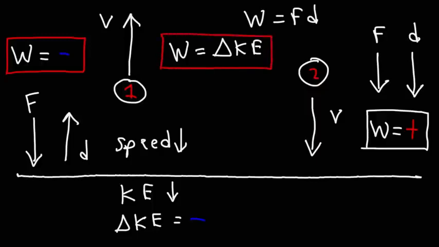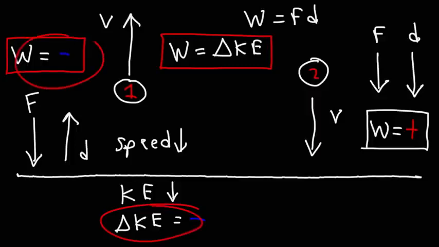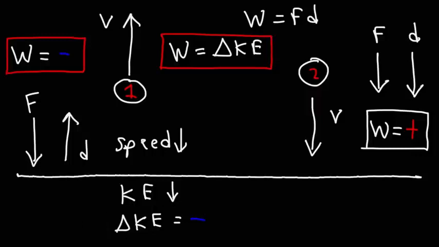So if delta KE is negative, then the work will also be negative. So that's how we can determine the sign of the net work on the object. Since gravity is the only force acting on the object, we can say that gravity is doing negative work on this object.